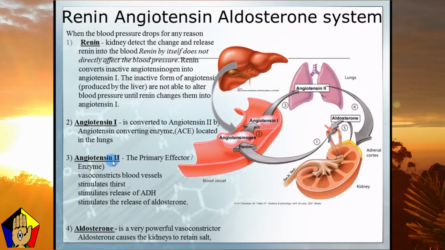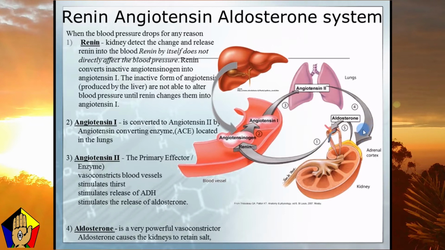Another thing it does is it'll go all the way down to the kidney and starts helping you to retain or raise your blood pressure by retaining water and salt. Not exactly the same process as aldosterone and ADH. But angiotensin 2 will also go up here to the top of the kidney to the adrenal gland and release aldosterone. And of course, what's aldosterone do? Aldosterone goes to the kidney and makes you retain salt.